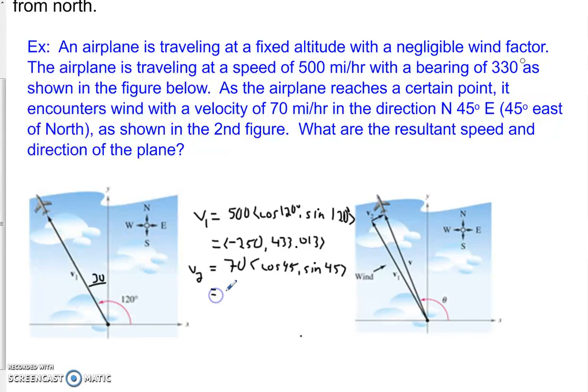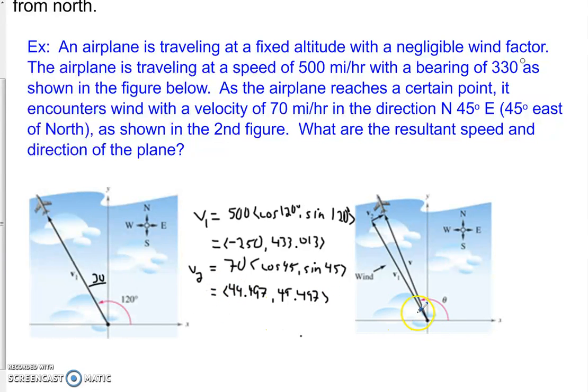And if I do the math on my calculator, that works out to be 49.497, and again repeated because sine and cosine are the same there, 49.497. Put our little vector symbols on the end.